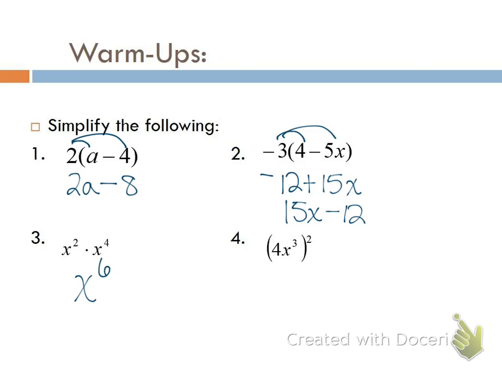Okay, so we give that exponent to everything inside. The 4 gets squared. X cubed gets squared. 4 squared is 4 times 4, so 16. On the x, we're taking an exponent to another exponent. Power to a power means we multiply the exponents, get x to the 6th.